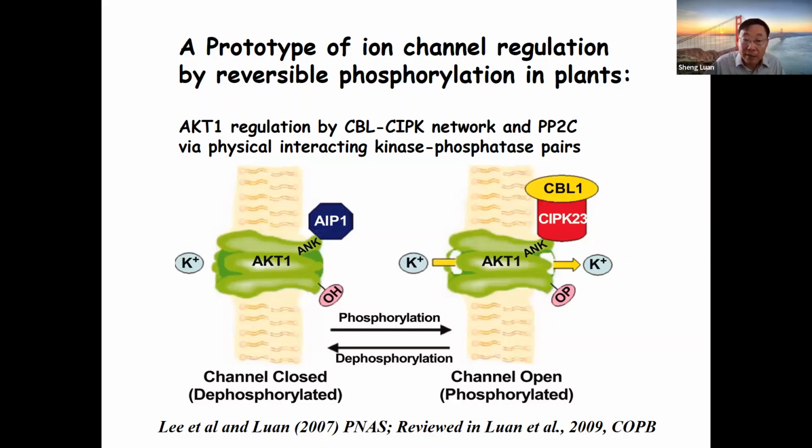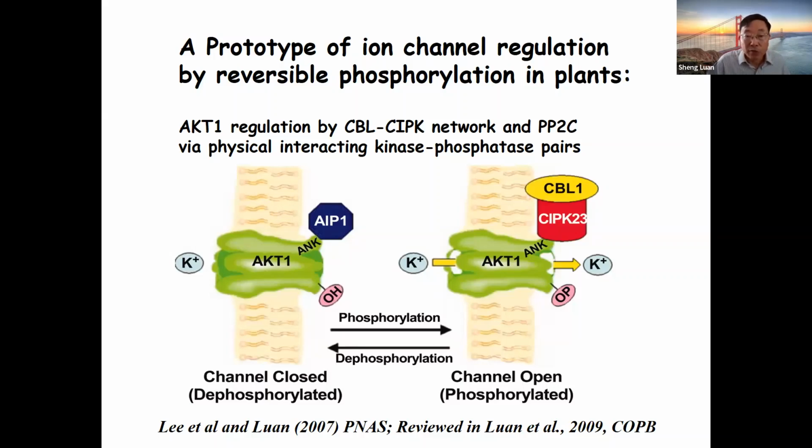1 millimolar potassium is not that high; many of our fertilized soils can have that. But most natural soil has sub-millimolar potassium levels, and therefore this system becomes very important. In response to low potassium in natural soil or in poor farming land, the calcium-dependent CBL-CIPK system is turned on, physically interacts with and phosphorylates the AKT1 channel, and opens the channel activity.